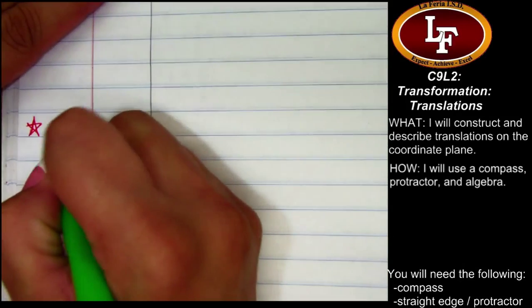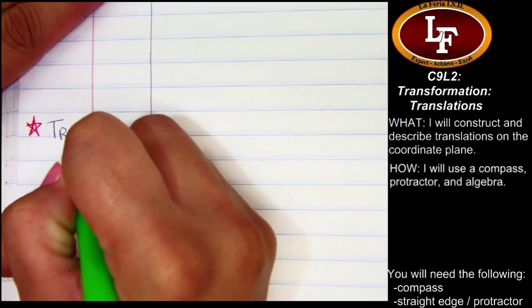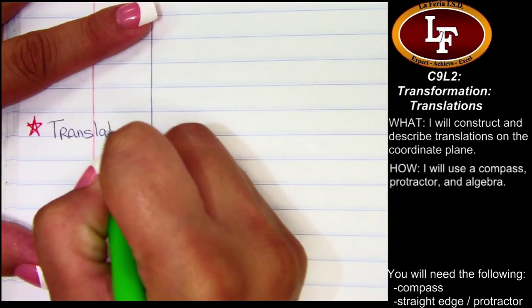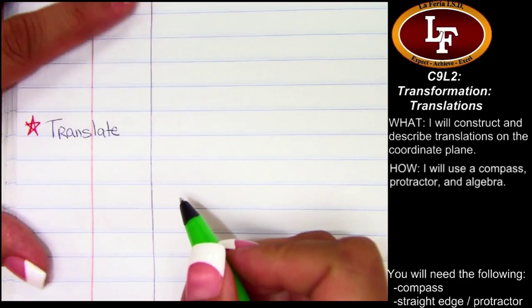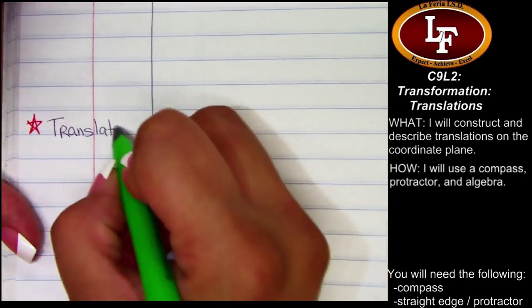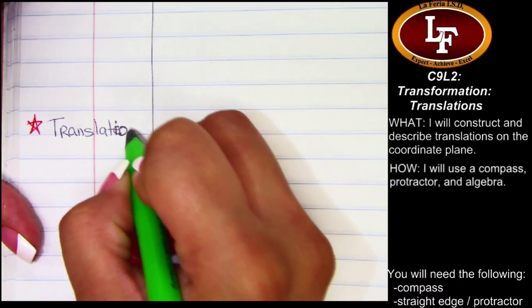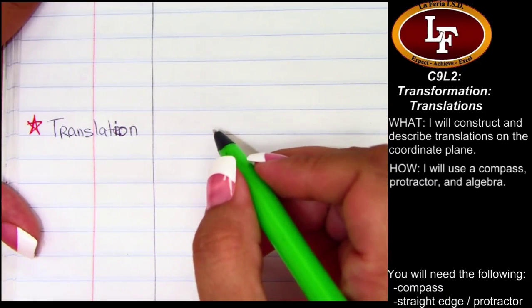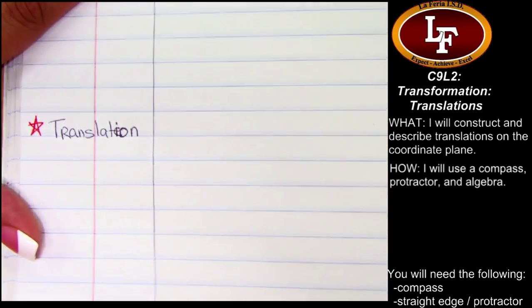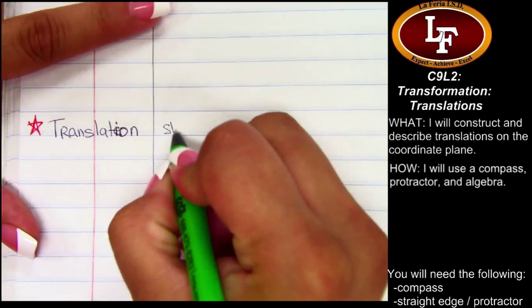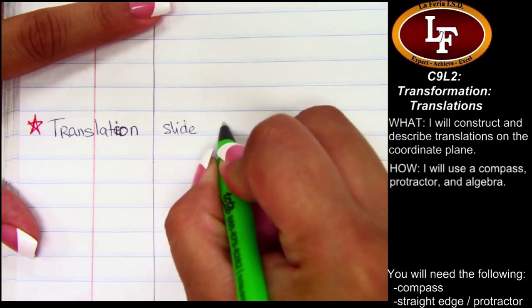Now you heard me talking about translation, we're going to move things, but let's go ahead and get the formal definition of what it means to do a geometric translation. So a geometric translation is some sort of slide, and it's in one dimension.